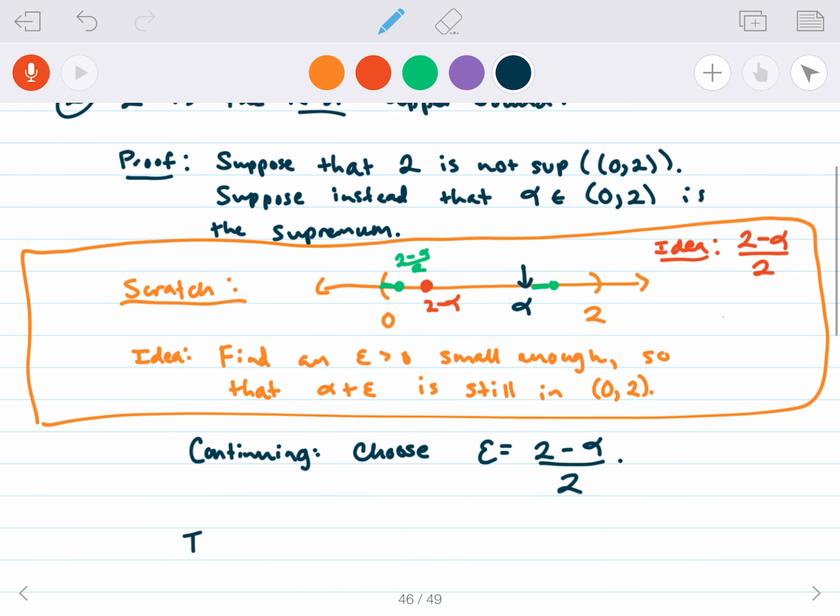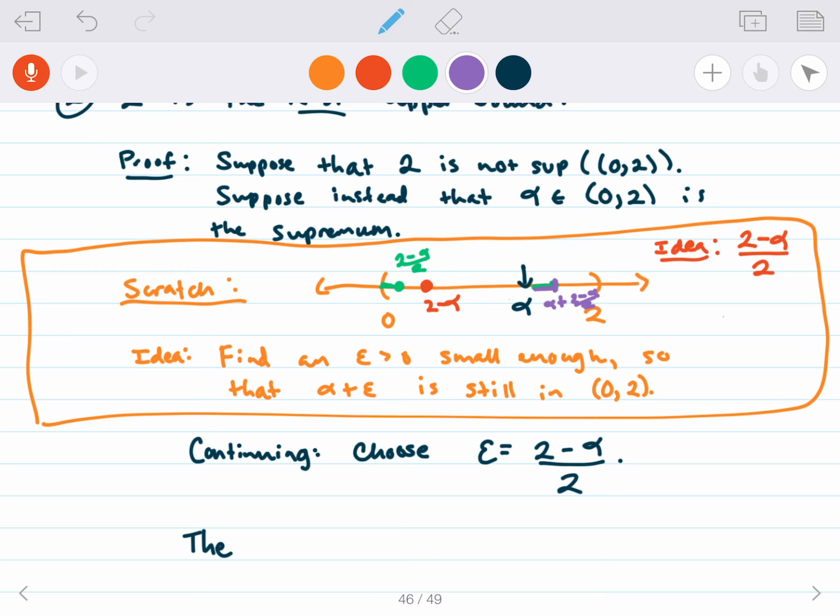So then, remember what I'm trying to do here. Maybe I'll make it a little bit more clear here in the scratch work. This guy is going to be alpha plus 2 minus alpha over 2. So I'm trying to find this little epsilon so that I get a contradiction of alpha being an upper bound.